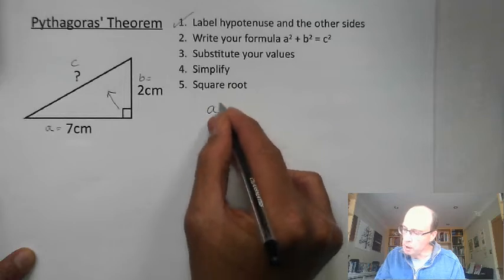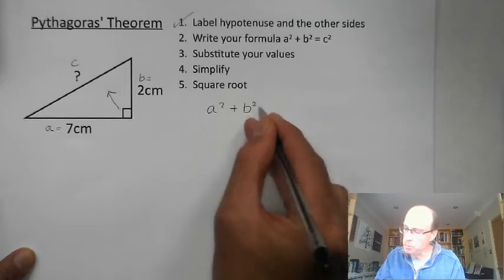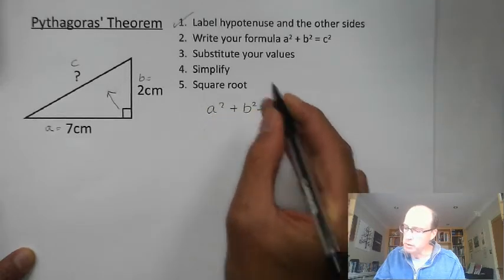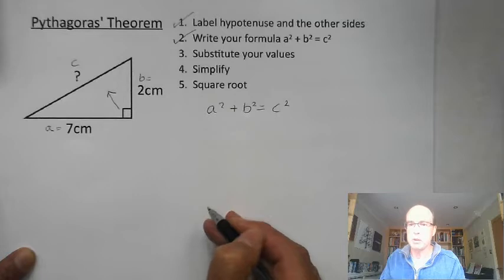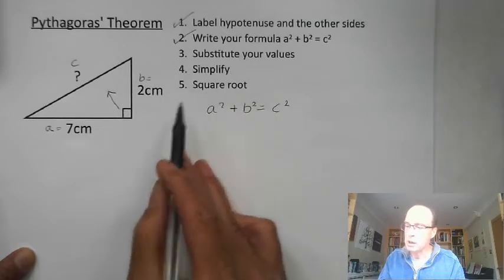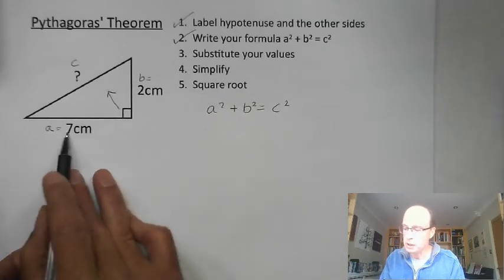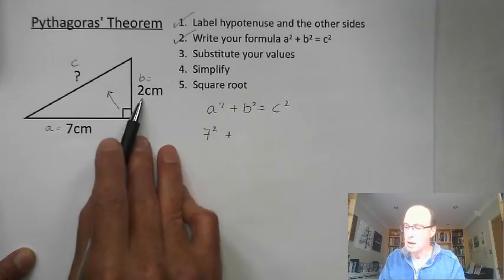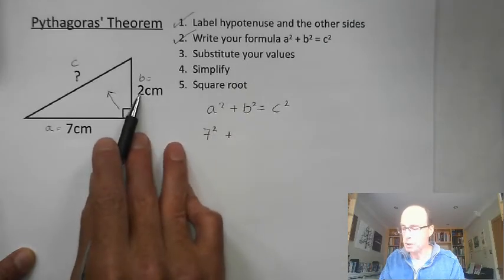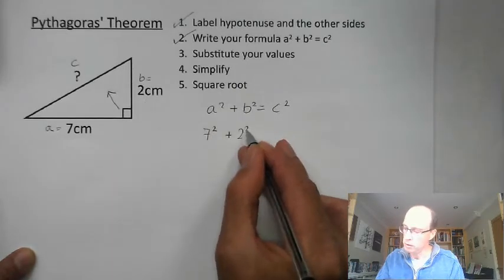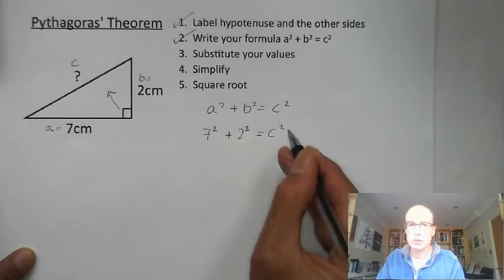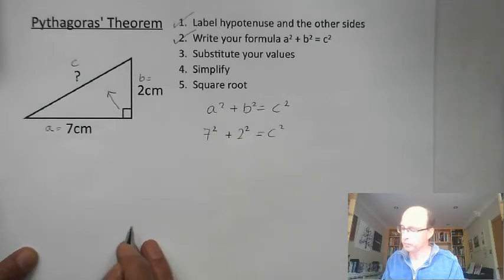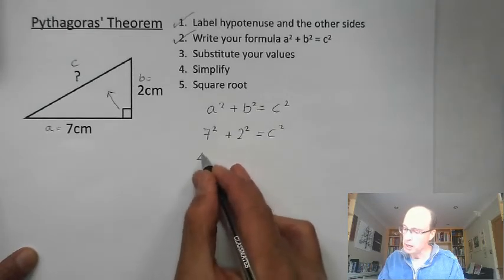So every time we're going to write it in. A squared plus B squared is equal to C squared. We've done step 2. Third step, we're going to substitute our values. So A is equal to 7, so I've got 7 squared. I'm then going to add B squared, where B is equal to 2, so I've got 2 squared, and that's still equal to C squared. 7 squared is 49.